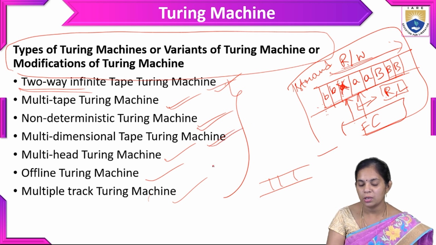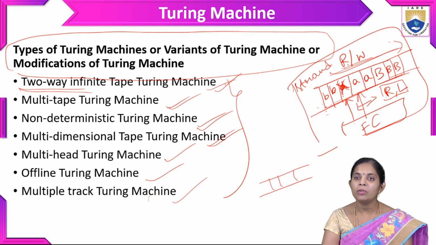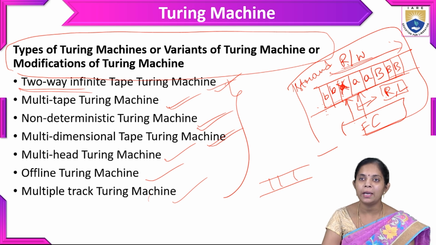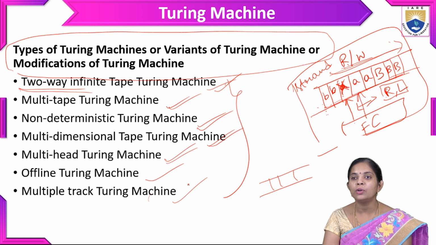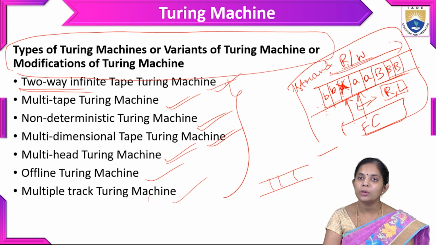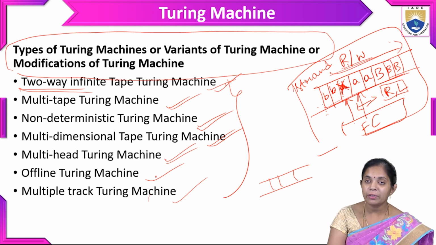And multi-dimensional, which has moves like left and right along with up and down. Multi-dimensional means multiple rows and columns in the single tape. And the multi-head Turing machine has multiple heads controlling the single tape, so these heads can control the Turing machine at the same time for different inputs.